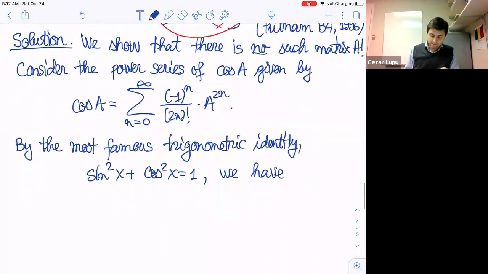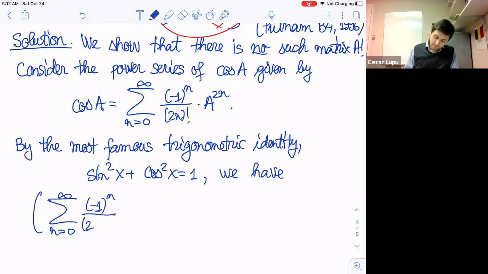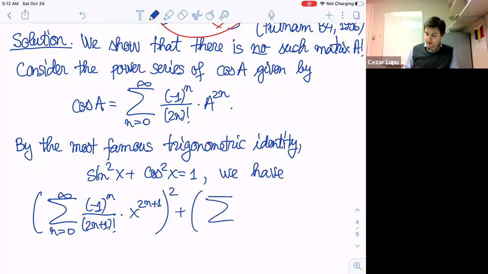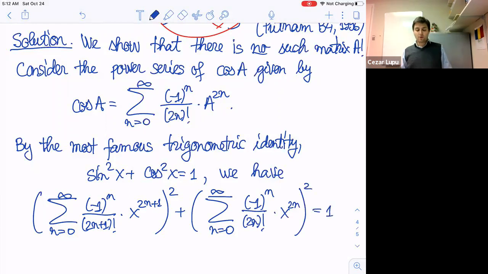So this would be the power series of sine, which we square, plus the power series of the cosine, which we square, and this equals 1. This is the trigonometric form of Pythagoras' theorem.